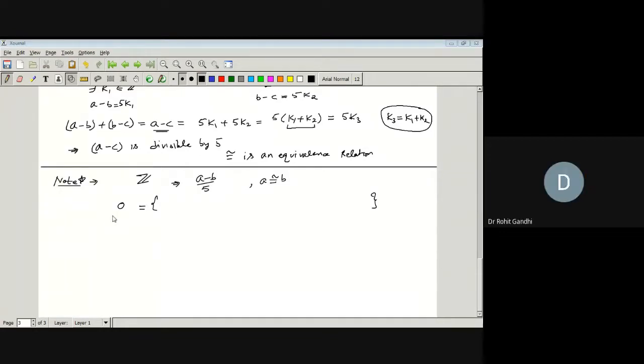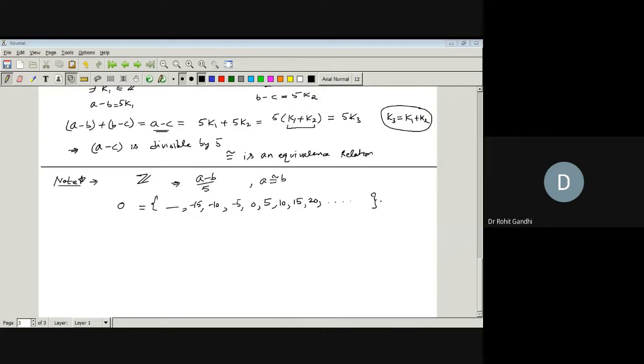Yes. What are the elements which are related with 0? First 0, 5, 10, 15, and so on. That is, if m is an integer, then the elements like 5m, or in negative also, -5, -10, -15, and so on.